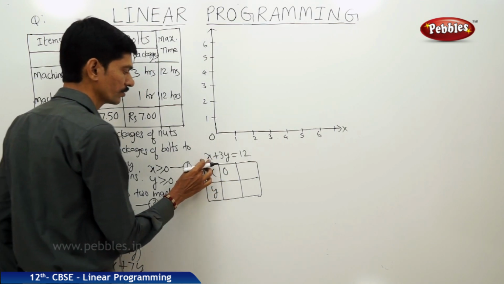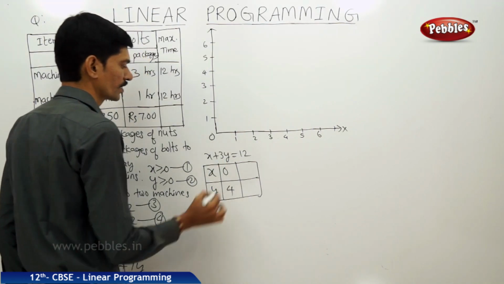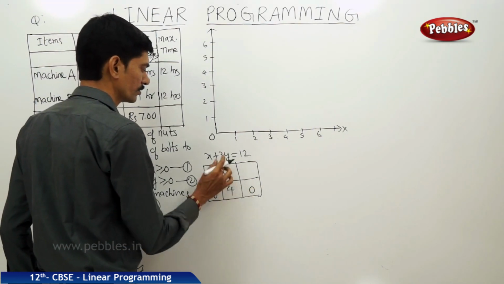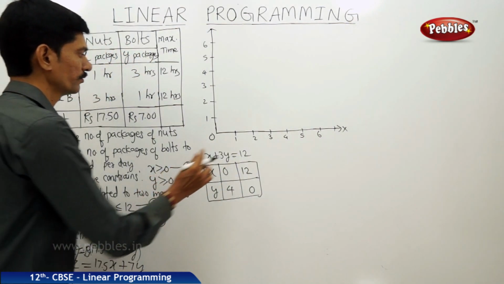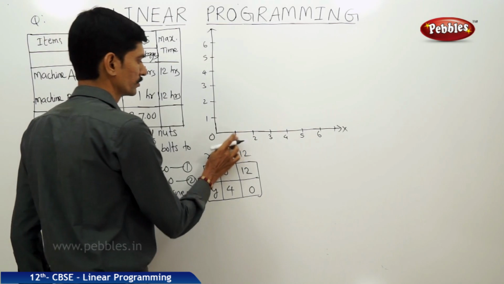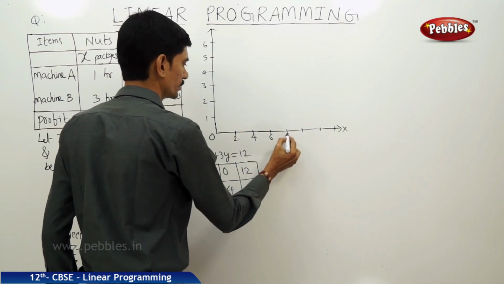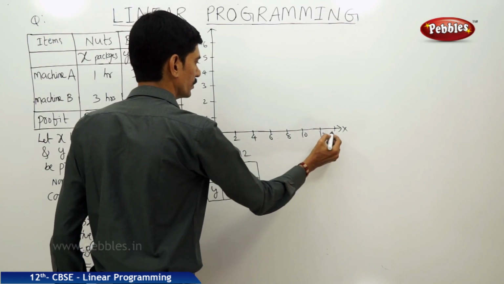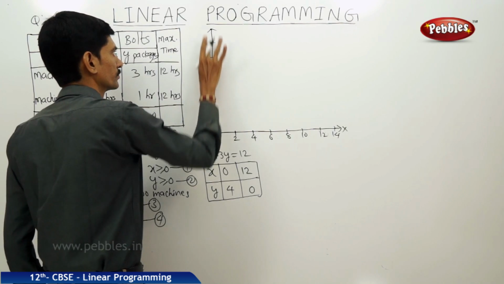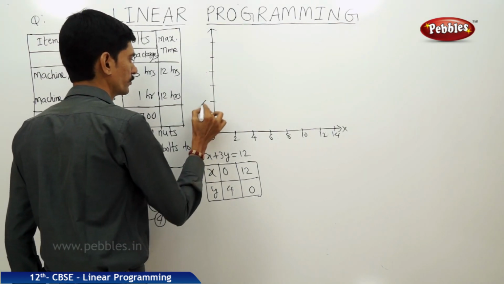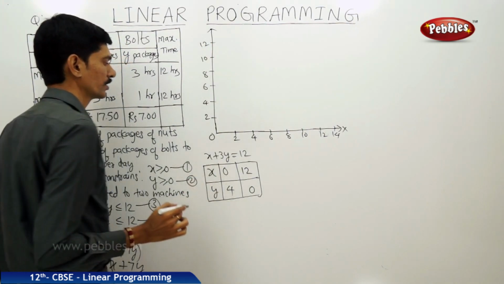If x value is 0, then 3y equal to 12, then y equal to 4. And if y value is 0, then x value is 12. So we take the multiples of 2 here: 2, 4, 6, 8, 10, 12, 14. Here also we will take the multiples of 2.